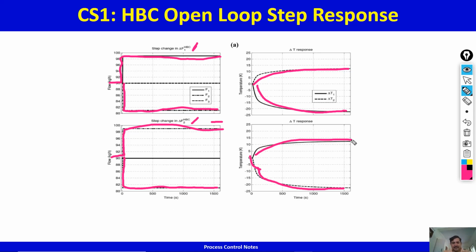You see, you make a change in one input, both outputs are affected and their time constants are similar. You make a change in the other input, both outputs are affected. So this is a multivariable 2x2 system. The heat balancer, heat pass load balancer is a 2x2 multivariable system.